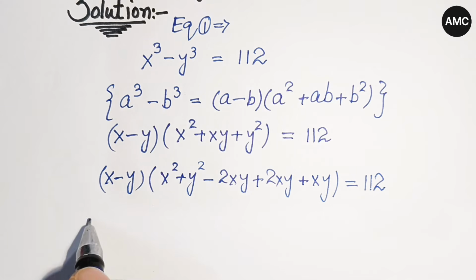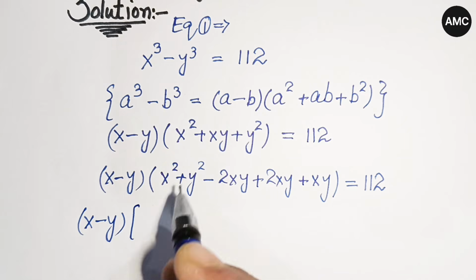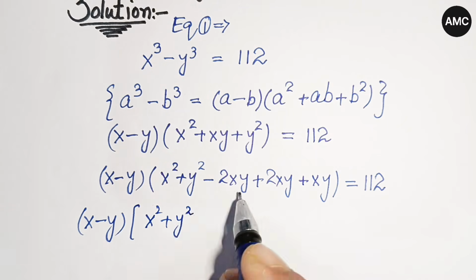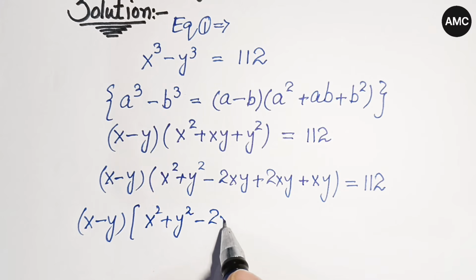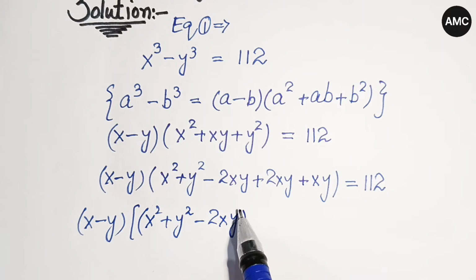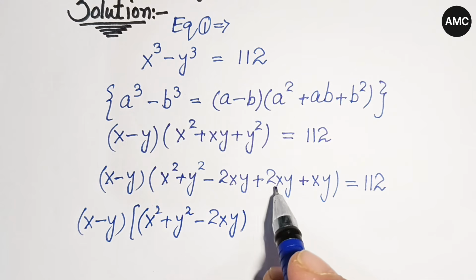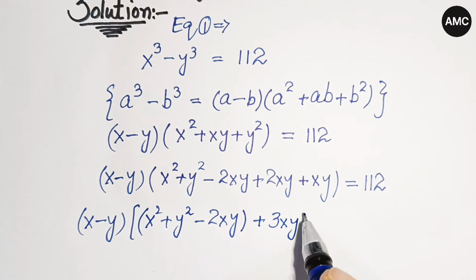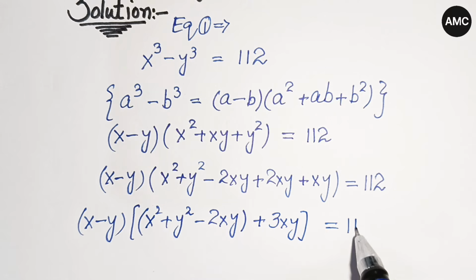Now x minus y times x squared plus y squared minus 2xy, that is our first group here. So here plus 2xy plus xy will be plus 3xy, so it is equal to 112.